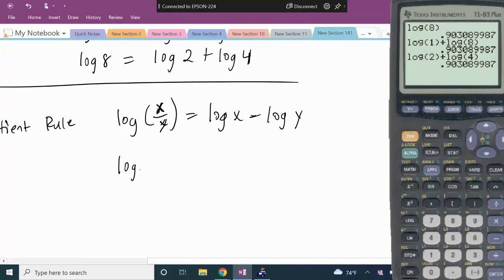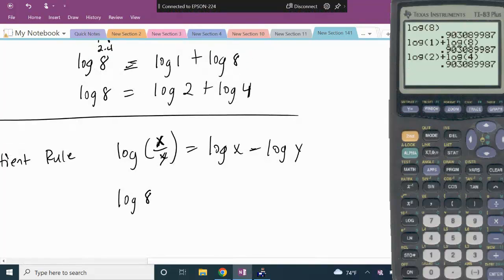We're going to use that same 8 as an example. What are the different numbers I can divide to get 8? That could be 8 divided by 1, 16 divided by 2, or 24 divided by 3, and it'll keep on going. I'm going to take 16 divided by 2.